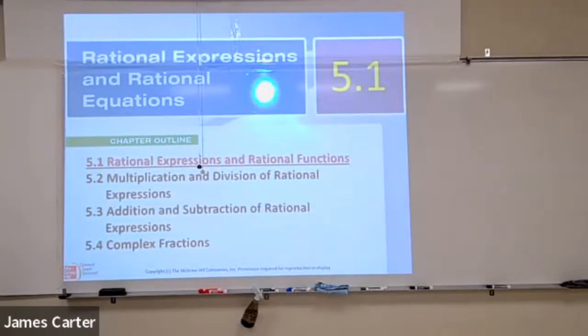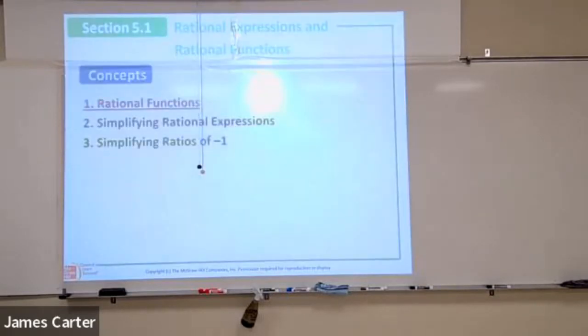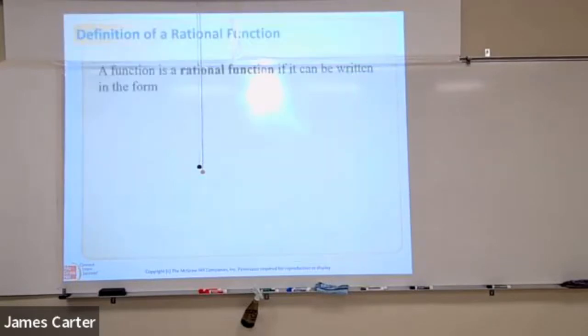Okay, you know what that word right there means, don't you? Your favorite subject in math? Fractions. Okay, rational functions. Well, this just means if you have one number over another number, it's that.